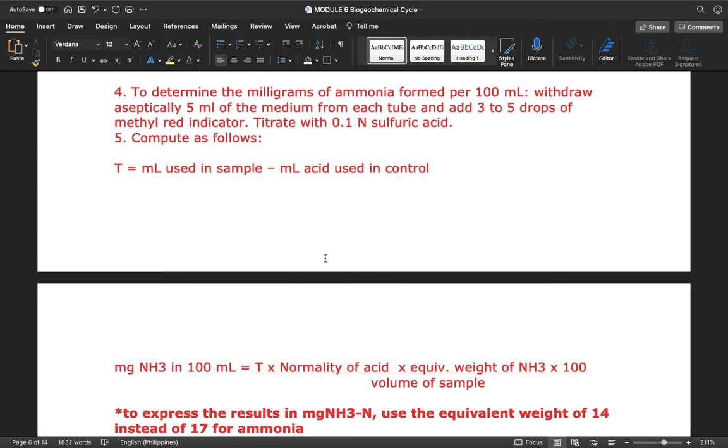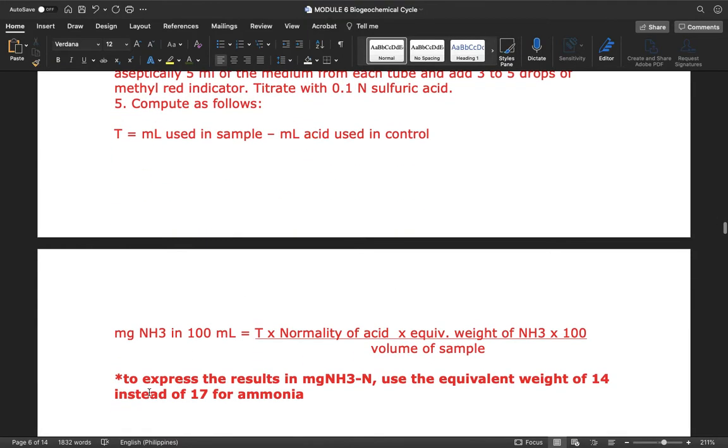Now, how do we compute for the amount of ammonia produced? We just have to follow this formula. Milligrams of NH3 in 100 ml is equivalent to the value of T multiplied by the normality of the acid, multiplied by the equivalent weight of NH3, multiplied by 100, divided by the volume of sample.